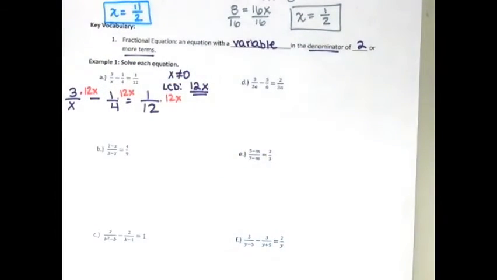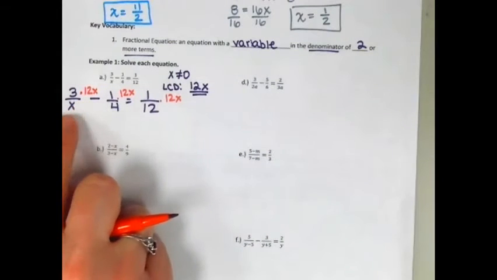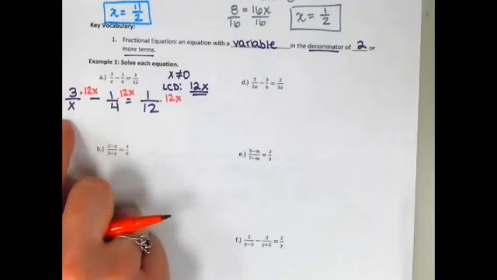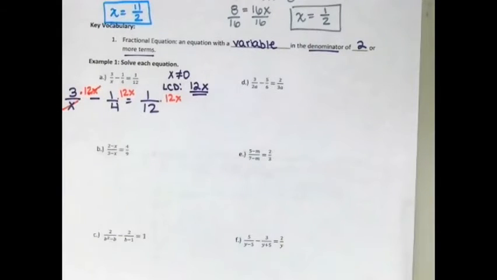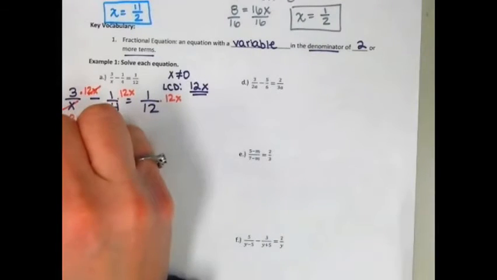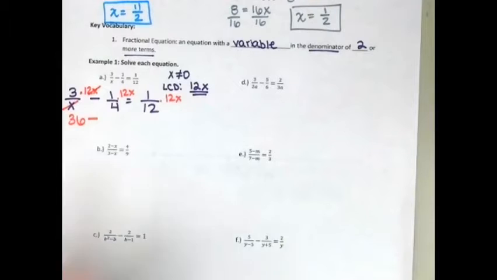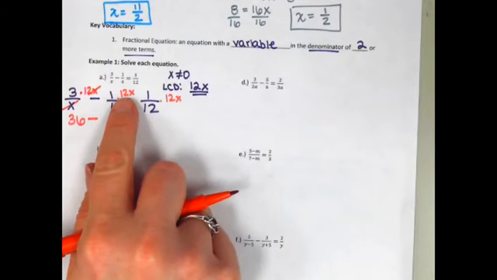If I'm taking 3 over x times 12x, what happens to these x's? Don't they cross out? So I really have just 3 times 12, which is 36. Minus. Now for 1/4 times 12x, I can't cross out the x, but can I cross out the 12 and the 4?